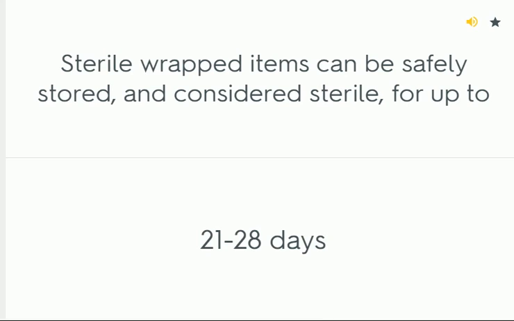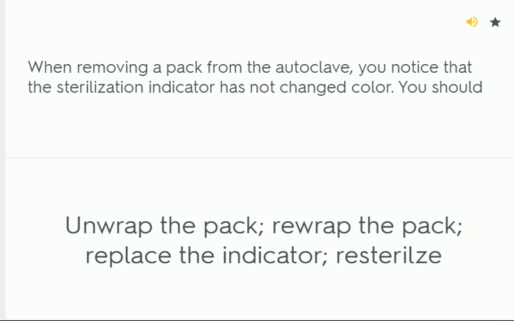Sterile wrapped items can be safely stored and considered sterile for up to 21 to 28 days. When removing a pack from the autoclave, you notice that the sterilization indicator has not changed color. You should unwrap the pack, rewrap the pack, replace the indicator, and rerun it.